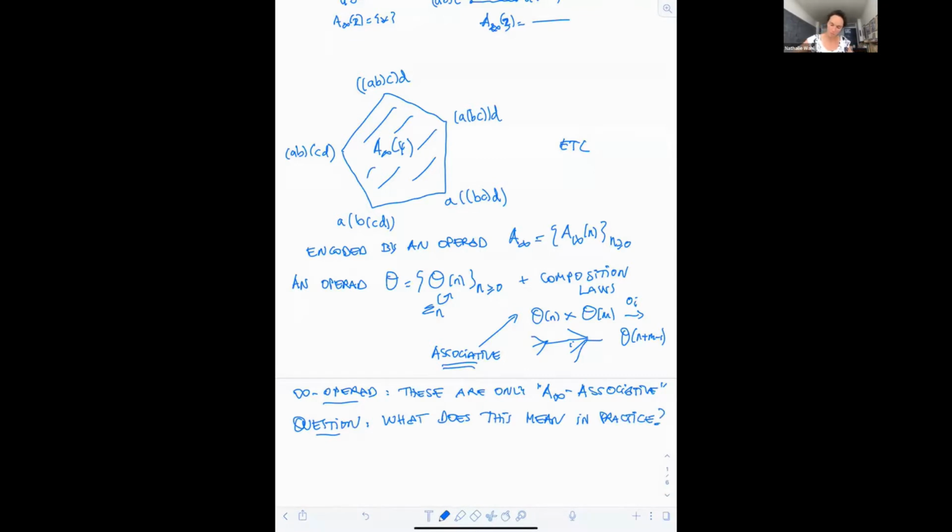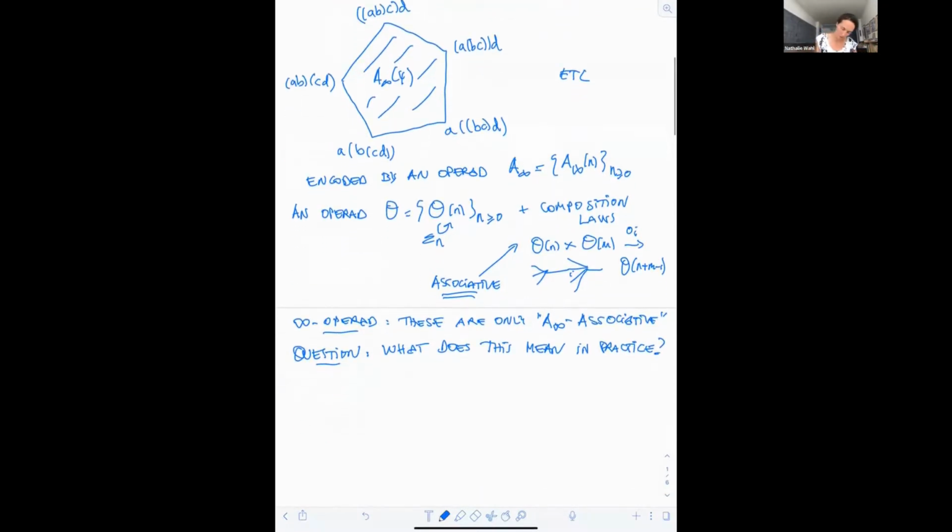So our motivation came from a metric graph model of the cobordism category of surfaces.